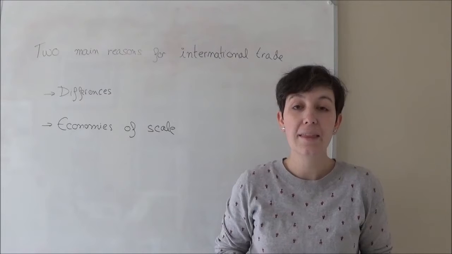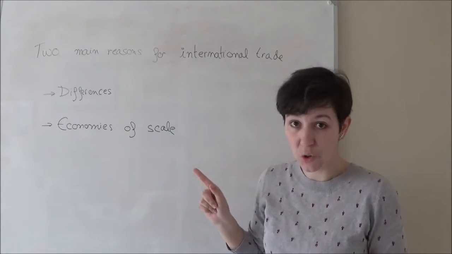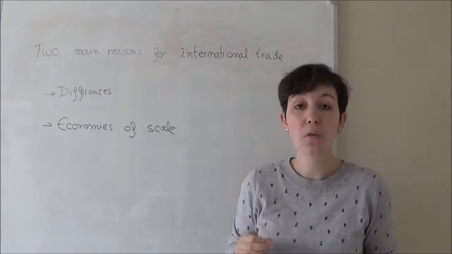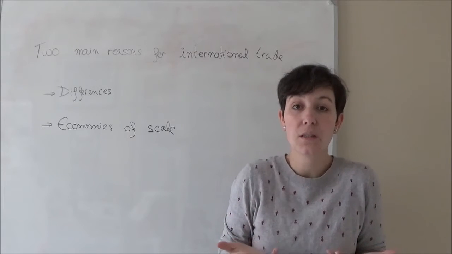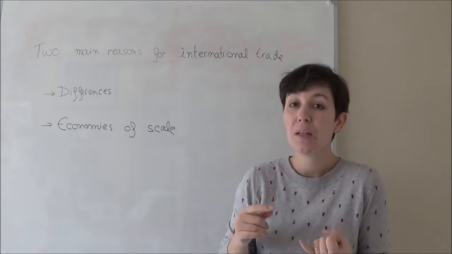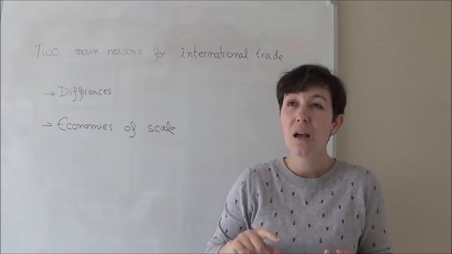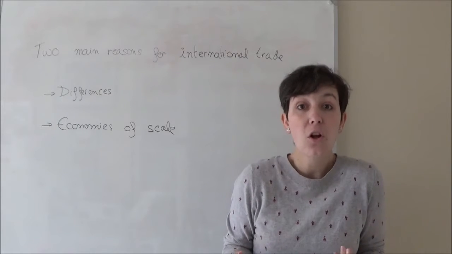We can say that there are two main reasons for international trade. One of them is differences, while the other is the use of economies of scale. Differences in which terms? Well, it can be any. It can be in terms of different levels of physical capital, natural resources, climate, or technology.